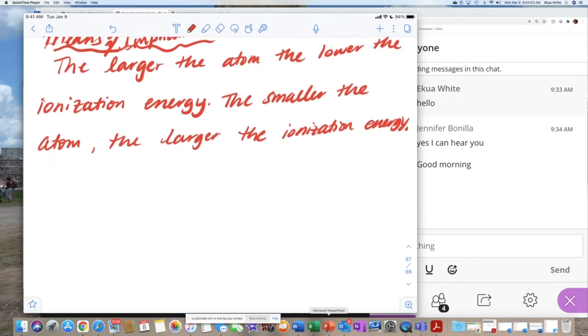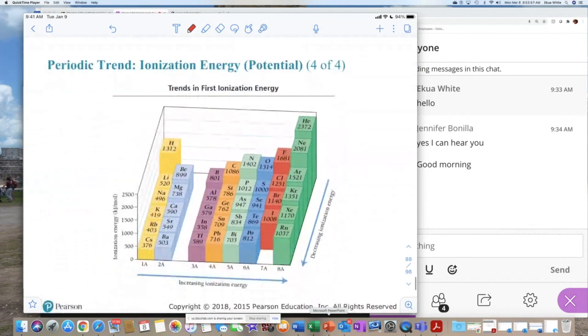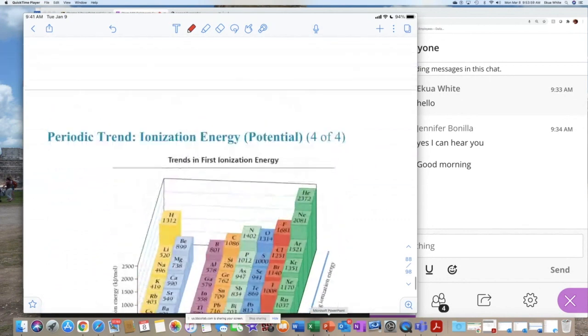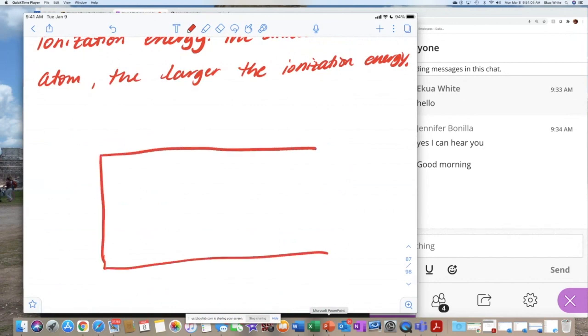So what I did then was relate ionization energy to size. So I'm going to be showing that to you right here. Once again, my mock periodic table. In my periodic table, I keep it simple. Usually I just have fluorine on the top right corner. And then I have what? Where's my periodic table? Cesium. You can put francium here.